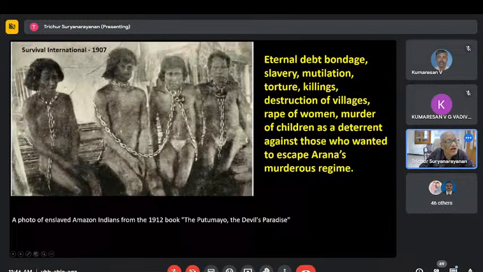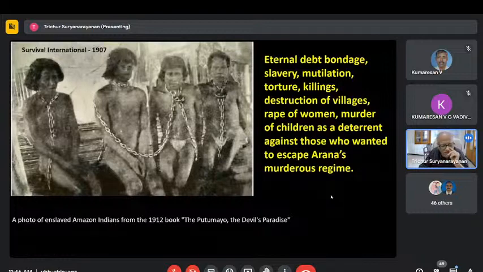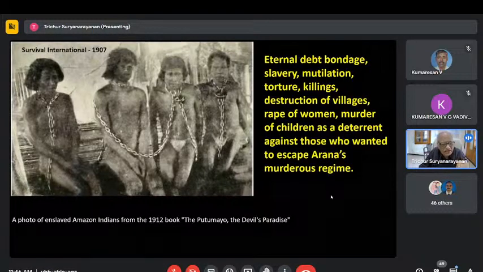See the plight of these natives. They would be given a little amount of money and told, go and get rubber. When you bring the rubber, we will reduce the debt. But actually it was slavery, and the debt increased.